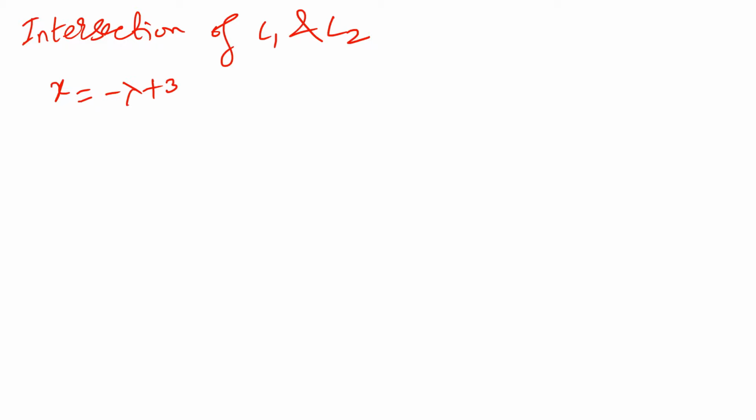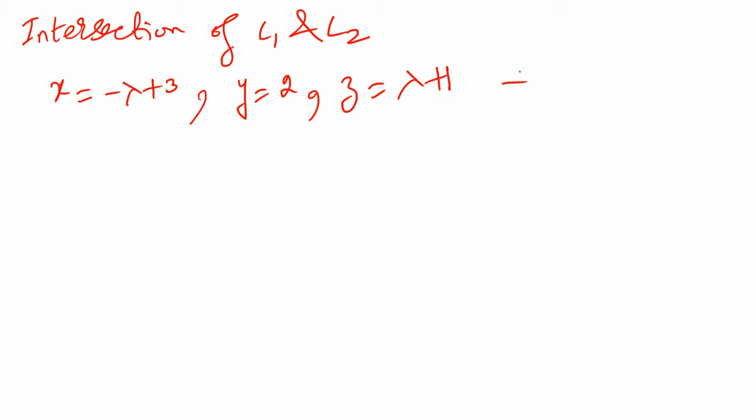What I am doing, I am just putting the values (x minus 3)/minus 1 equal to (y minus 2)/0 equal to (z minus 1)/1 equal to lambda. So from here I will be getting the general point of this line as x equal to minus lambda plus 3, y equal to just 2 and z equal to lambda plus 1, right?